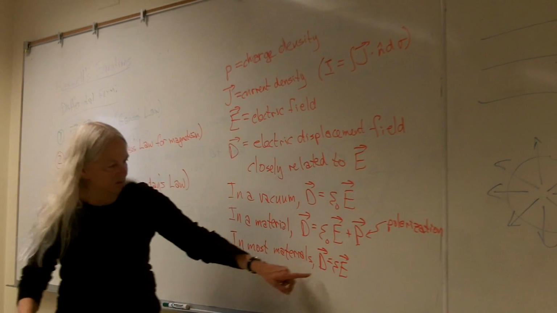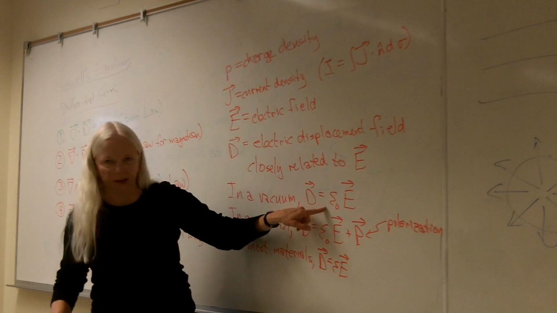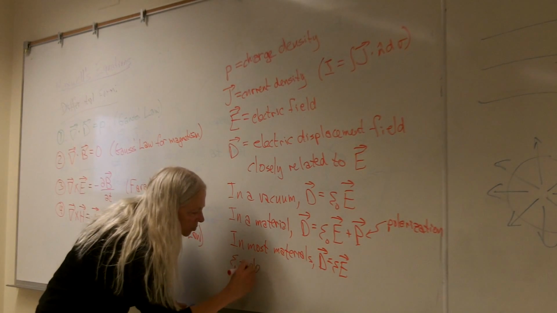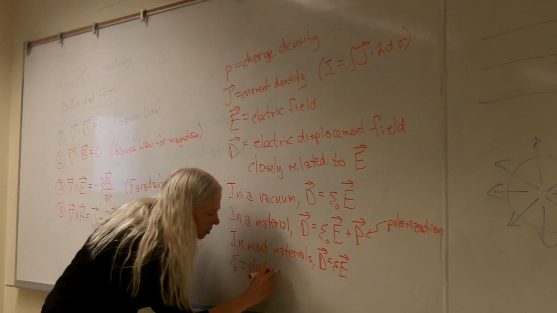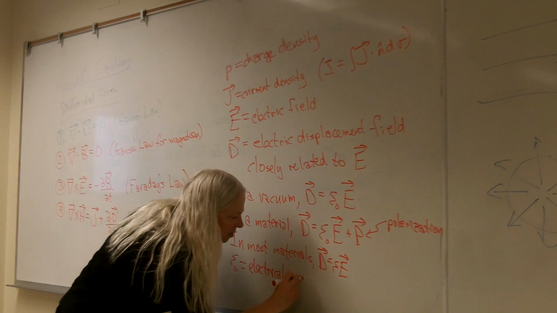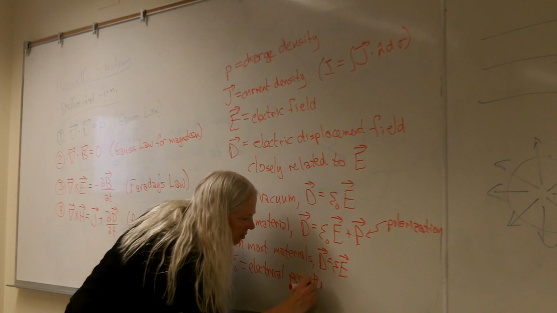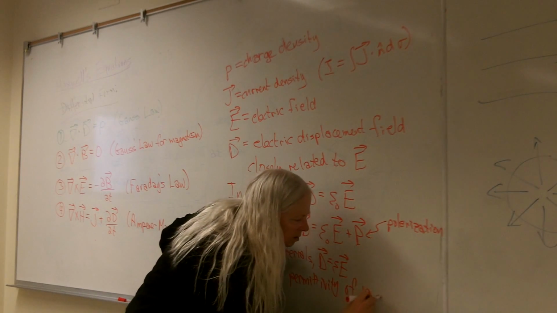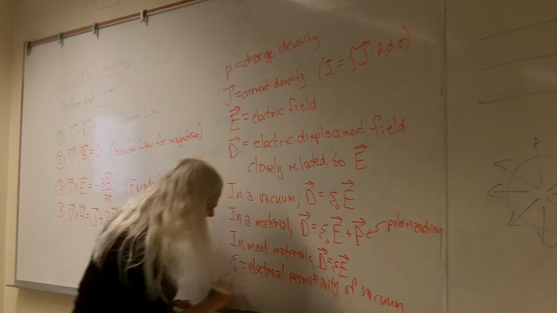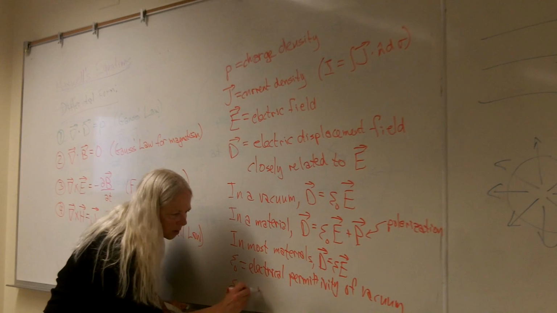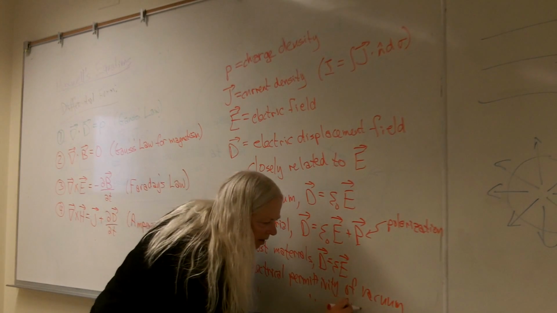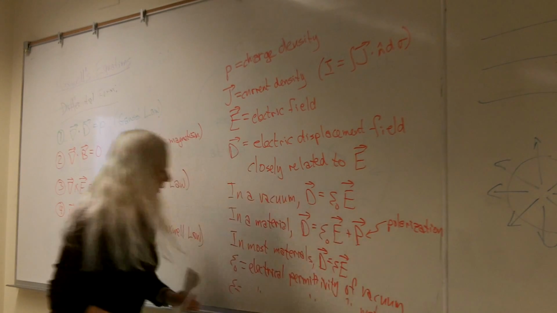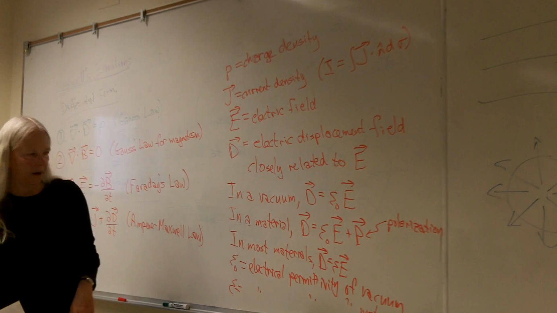And epsilon is analogous in this equation to what epsilon naught was up here. So epsilon naught is, again, the electric permittivity of the vacuum, whereas epsilon without any subscript is the electrical permittivity of a material, whatever kind of material we are in.